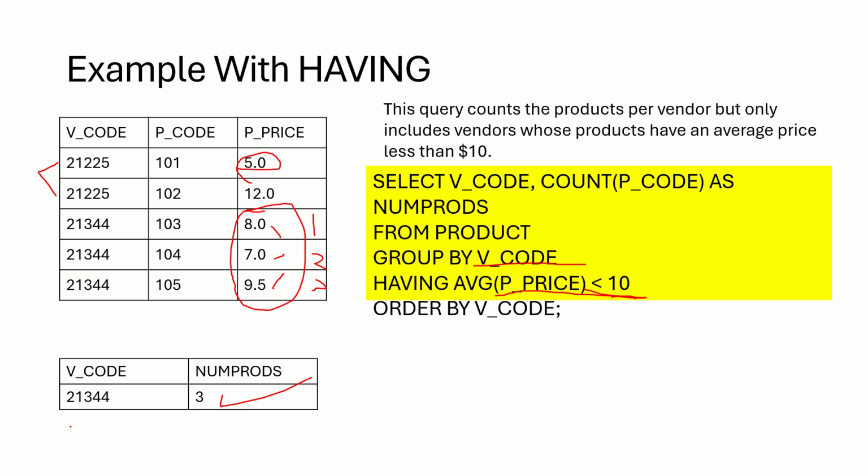Only 1. So right here is 1, 2, 2, 5 and 1. We order based on the V code by default ascending, so this row should be here.